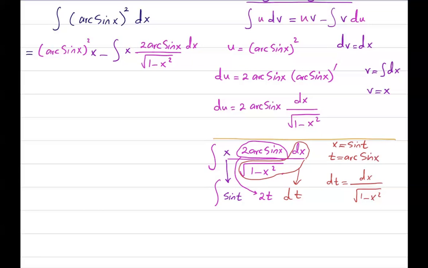And for this integral, I can use integration by parts again. So you are applying integration by parts twice. So far, this integral became x times arcsine x to the second, minus the integral of sine t, 2t dt.